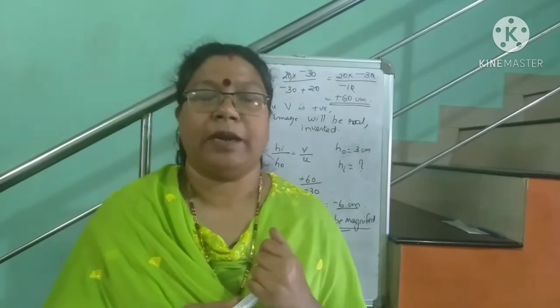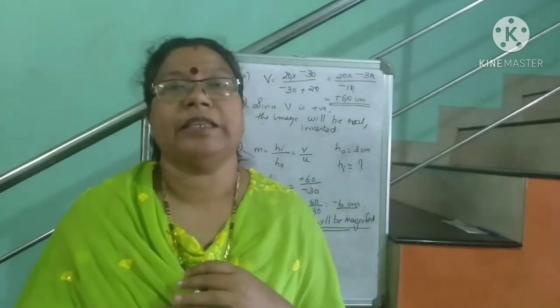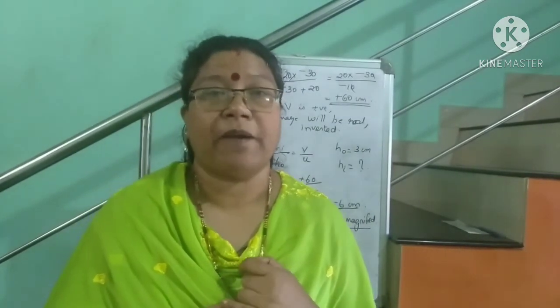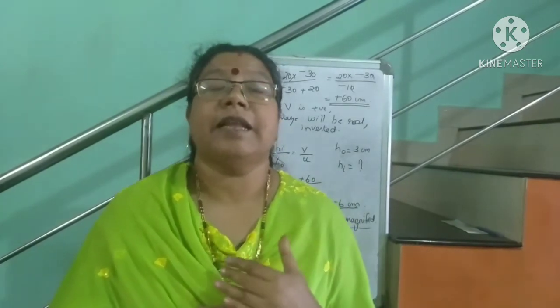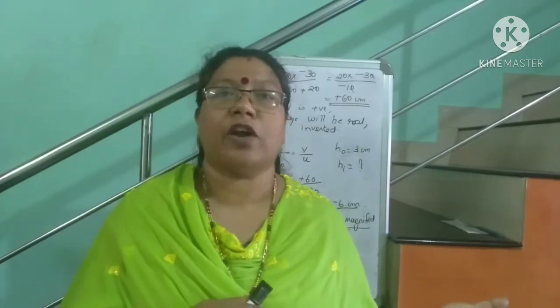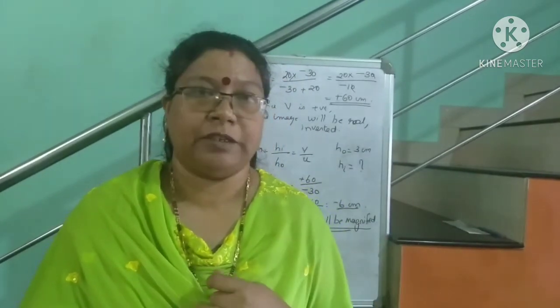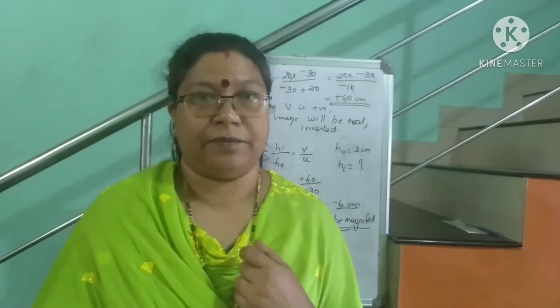So P is equal to 1 by F. The important point is F should always be expressed in meter. And the unit of power is diopter. Since the focal length of a convex lens is positive, power of a convex lens is positive and power of a concave lens is negative.